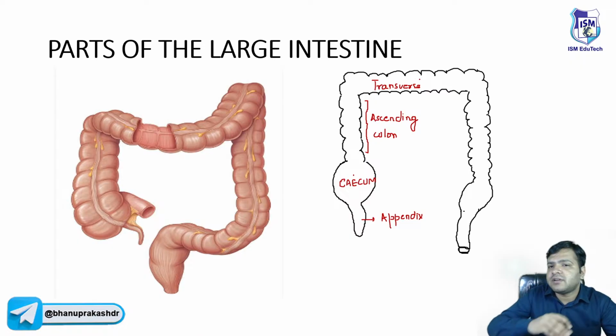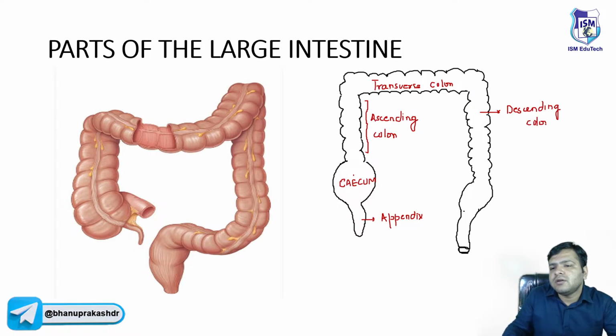Then we have this descending colon. Then we have the sigmoid colon. Then we have the rectum, and ultimately the ending, that is the anal orifice.